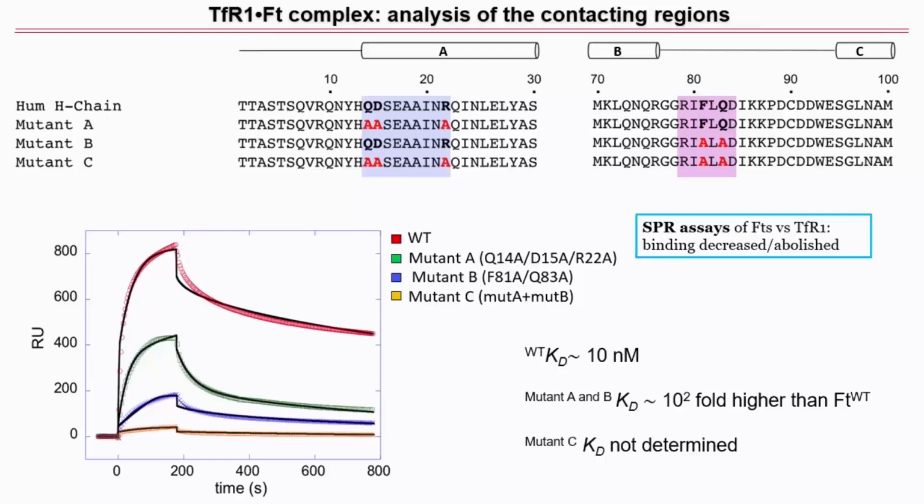Mutant B, the one on the BC loop, even lower, although at very low affinity, the numbers you get from the instrument are really not reliable. So we can just say that they are at least 100 times lower. And then in the quintuple mutant, in which we had all 5 mutations, basically no binding was detectable.